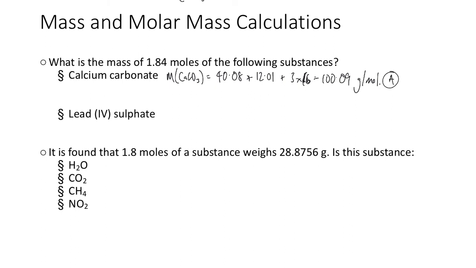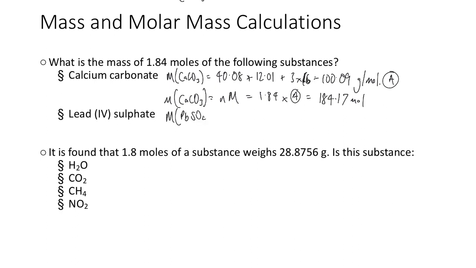Right, and then I want to find out the mass of calcium carbonate, which is equal to N times M. So therefore 1.84 times A, which will be equal to 184.17. All right, the next one is I got to get the molar mass of lead 4 sulfate.